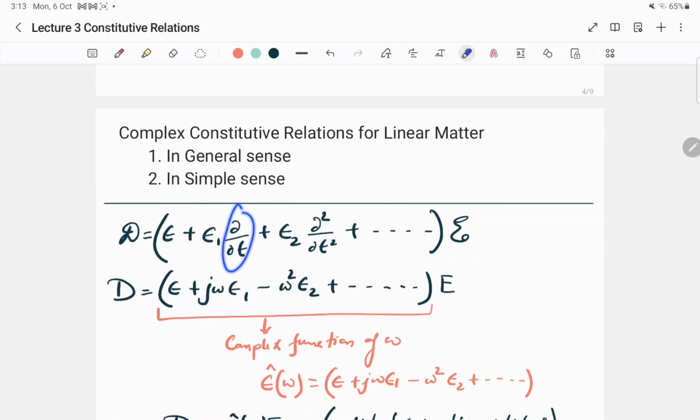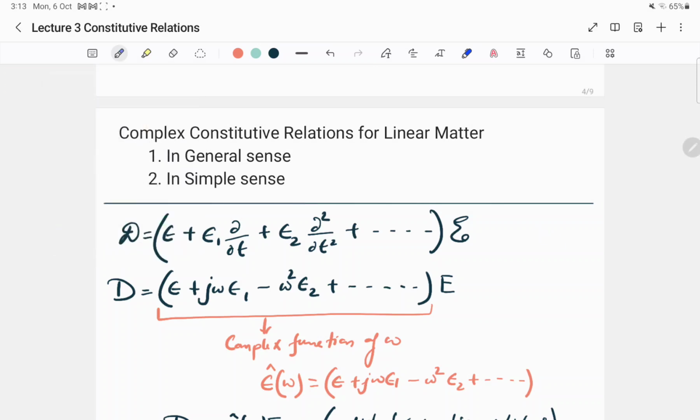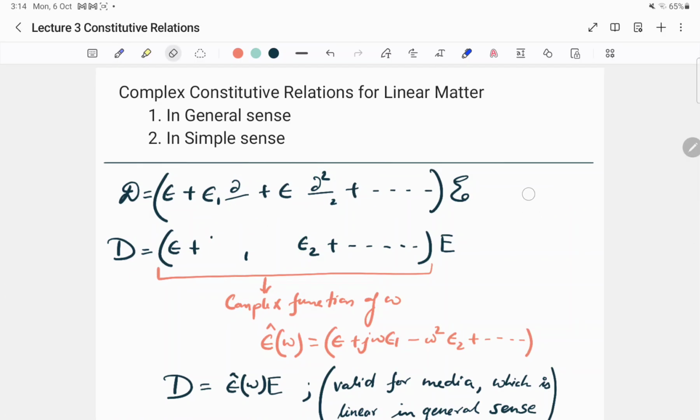And these time derivatives can be written as j omega. So d by dt became j omega, and d2 over dt square is j omega whole square, which is minus omega square. So that is what is written over here.